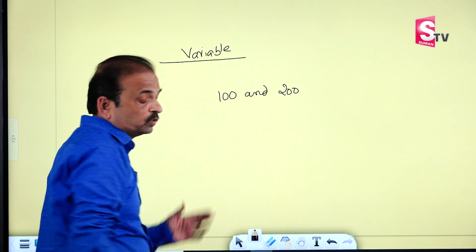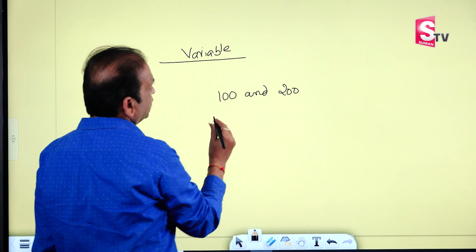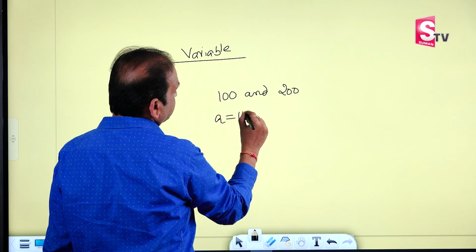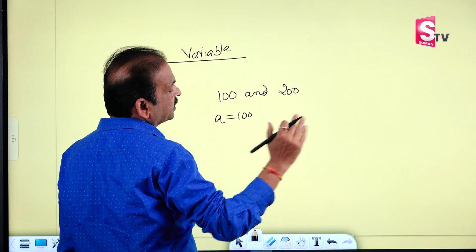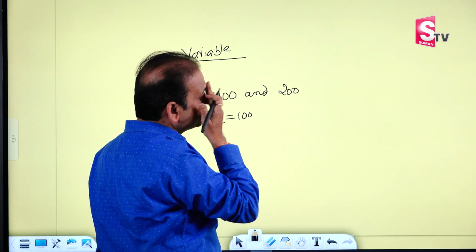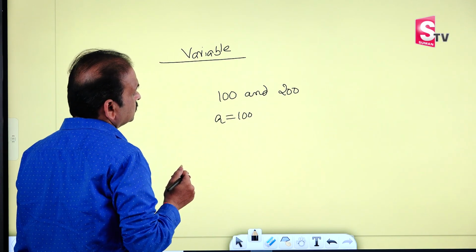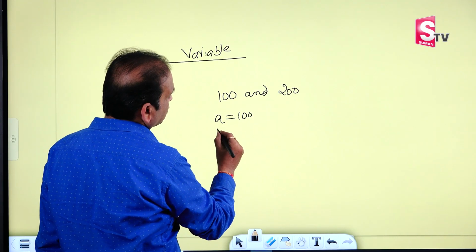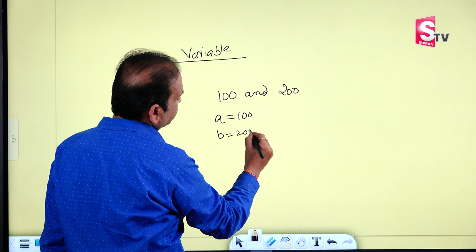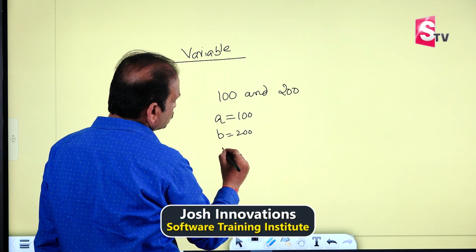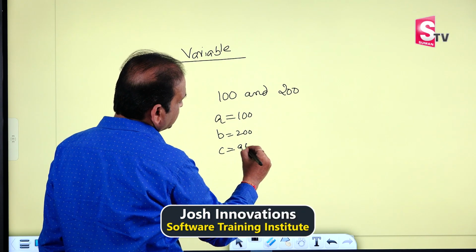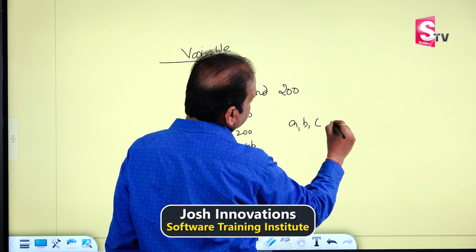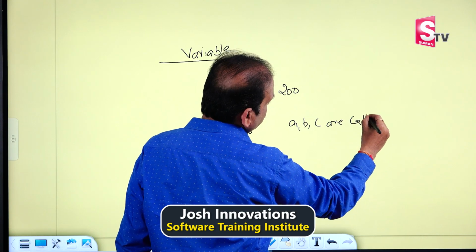In programming, we can't add like a calculator. We declare variables. I'll say A equals 100, B equals 200, and to add them, C equals A plus B. So A, B, C are called variables.